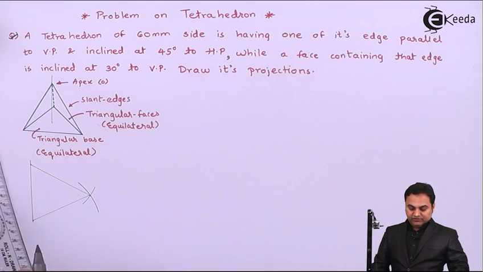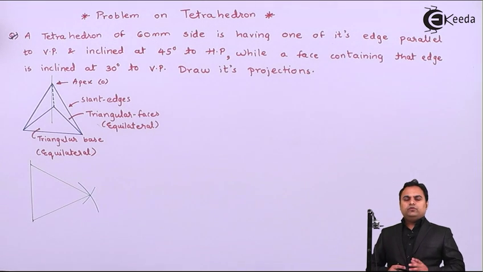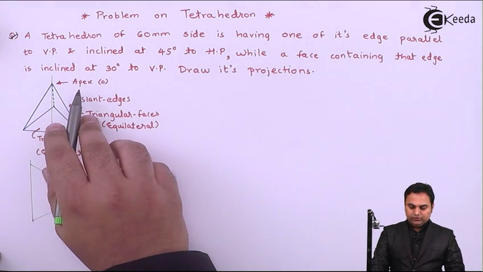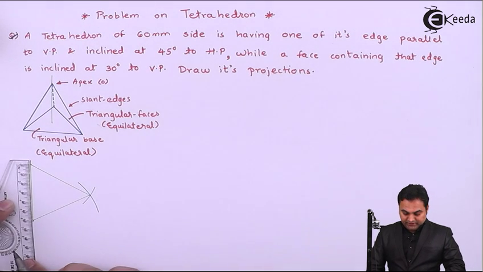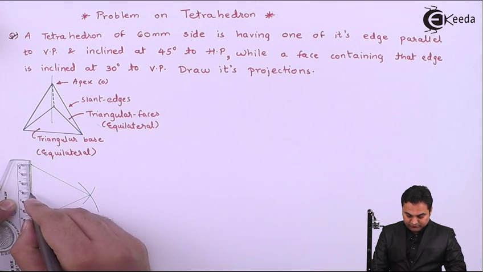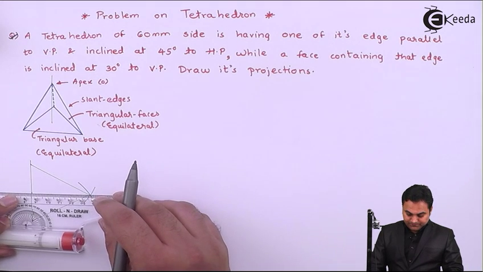Now after this, when we are looking from front, it has triangular faces. So those triangular faces are connected to a common apex. For that, I'll take half of this distance, which is half of this side of 60, to form the midpoint, then joining it to the opposite corner.